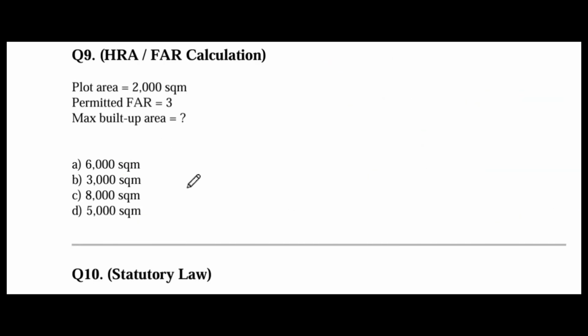So the next question. Plot area is 2000 square meters. Permitted FAR is 3. Maximum build-up area is equal to... See here, the FAR formula: FAR means floor area ratio.